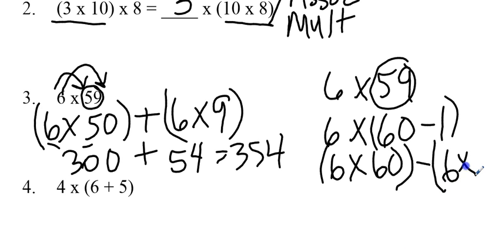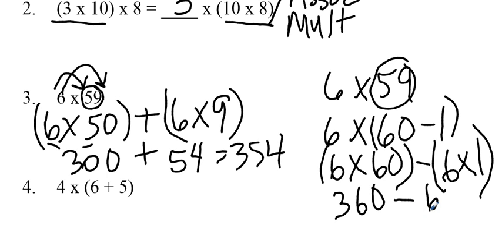So over here, I'm going to put the 6 times 1 in parentheses, and then we subtract. And now I have a compatible number, so this 6 times 59 is easier to work with. 6 times 6 is 36. Now remember to have my 0 with 36 for 360, and 6 times 1 is 6. And now I subtract 360 minus 6, and I get 354, as I would have in the first example.